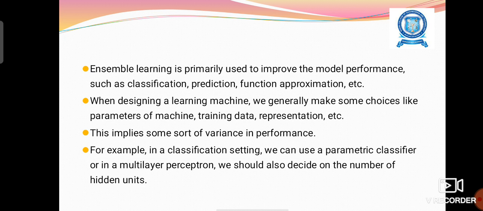When designing a learning machine, we generally make some choices like parameters of the machine, training data, representation, etc. This implies some sort of variance in performance. So, we can use a parametric classifier or a multi-layer perceptron. We should also decide on the number of hidden units.